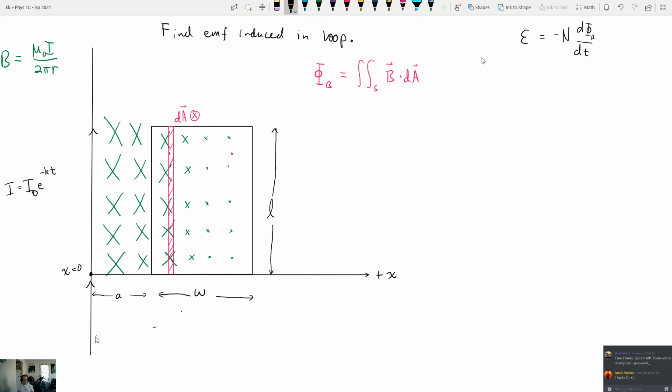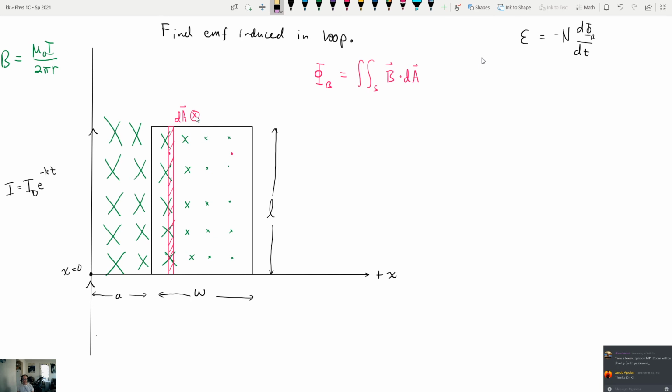Yes, sir. What's up? I had a question. So you said because flux is decreasing, our area vector points into the page. Can you explain that one more time? Sure. It doesn't actually matter that much, you can just take magnitude.